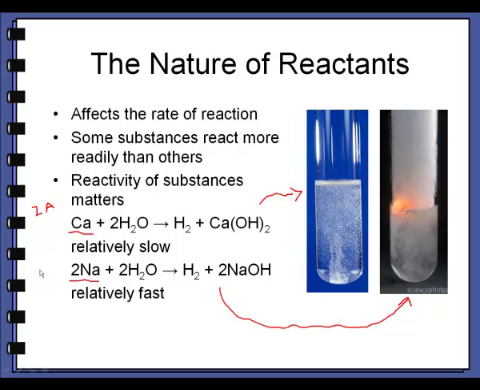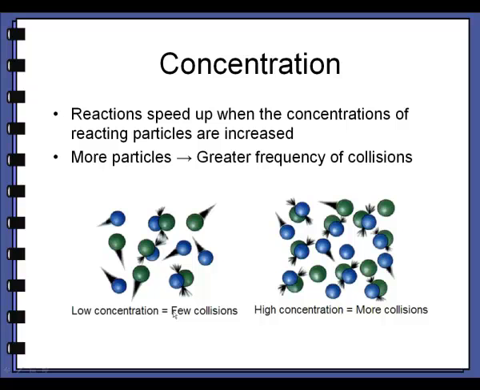Whereas sodium is in group 1A, and one of the reasons why 1A metals are more reactive is because they have that single valence electron, just one extra electron compared to a noble gas. So in its desire to stabilize and to be more like a noble gas, it'll rapidly give up that single electron and become sodium hydroxide. So part of it is due to the substances themselves.